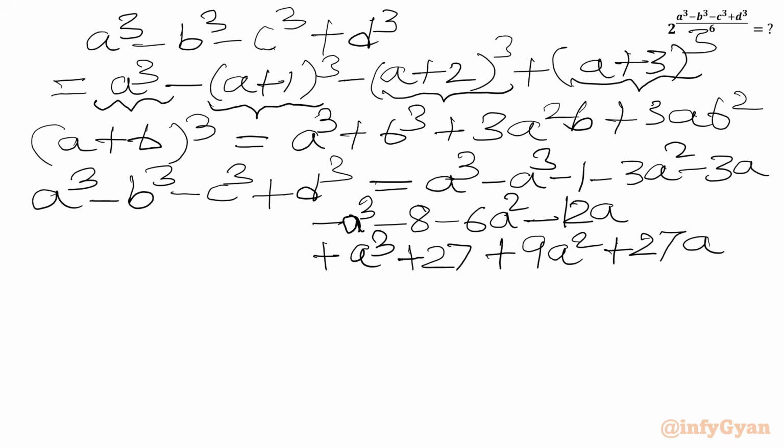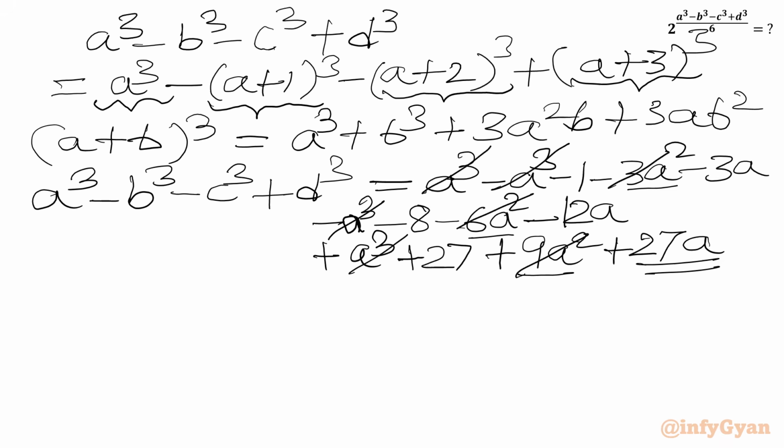Now we have to simplify the RHS. Plus a cube minus a cube minus a cube plus a cube. Now we will consider 9a square minus 3a square minus 6a square. So these three terms will be over. Plus and minus 9a square will be 0. Now we have a terms.